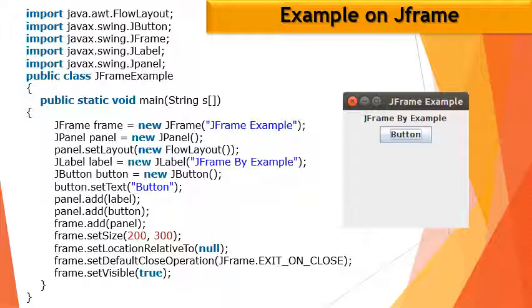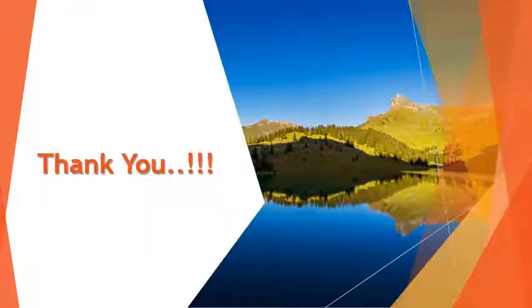The second last statement shows setDefaultCloseOperation, so that it will close our frame with the help of the cross button on the frame, that is the red color button. And frame.setVisible(true) makes the total frame visible. So those are all the methods which we have set for this Java frame. Okay, thank you very much.